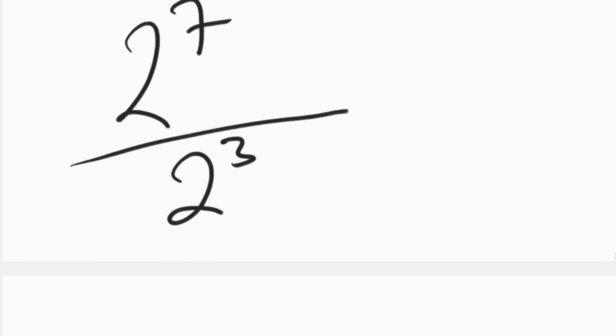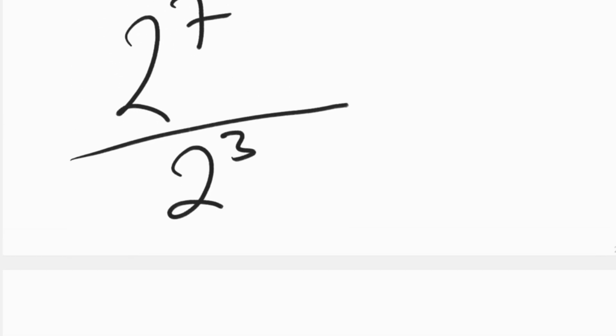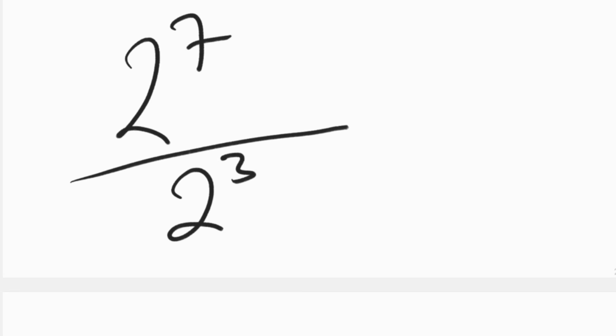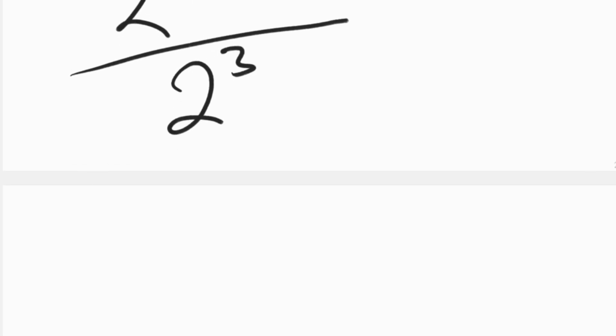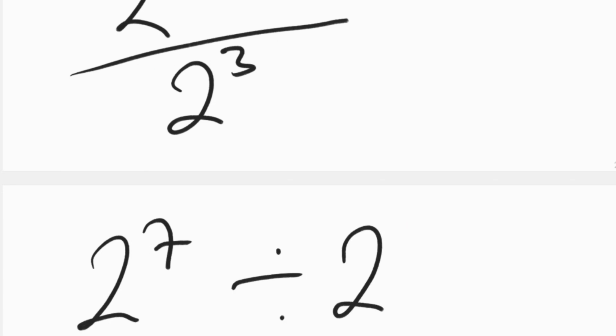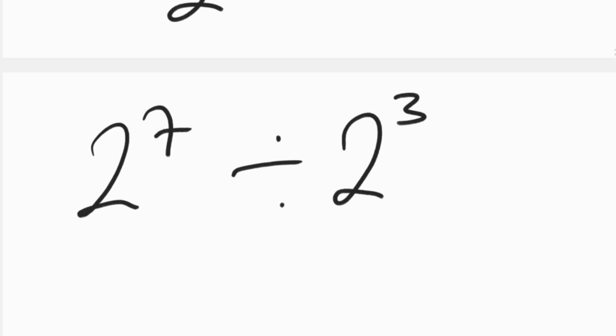So we see the big bar right here. That's the division sign. I'm going to show that division sign right here now. I'm going to have 2 to the 7th power divided by 2 to the third power, right? This division sign is going to change to minus.